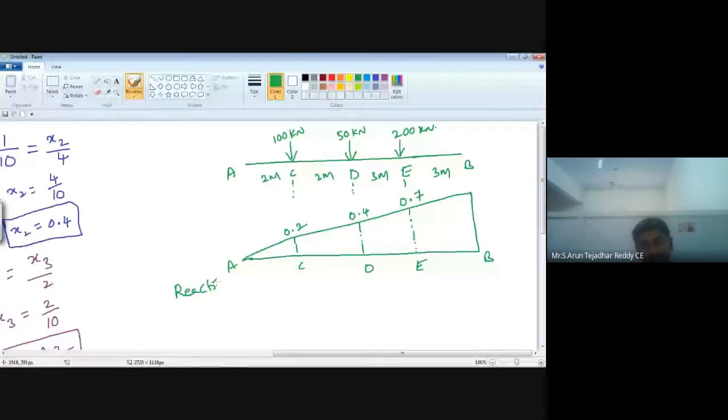Now find the reaction RB. Very easy. How to find the reaction RB? Very simple.